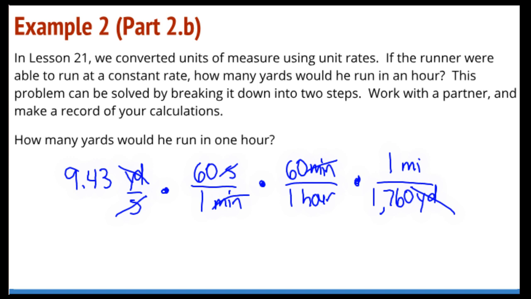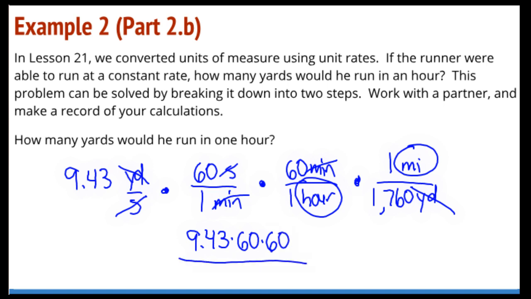The only units that I have left now are miles and hours. So I would have 9 43/100 times 60 times 60 divided by 1,760, and my units are miles and hours.